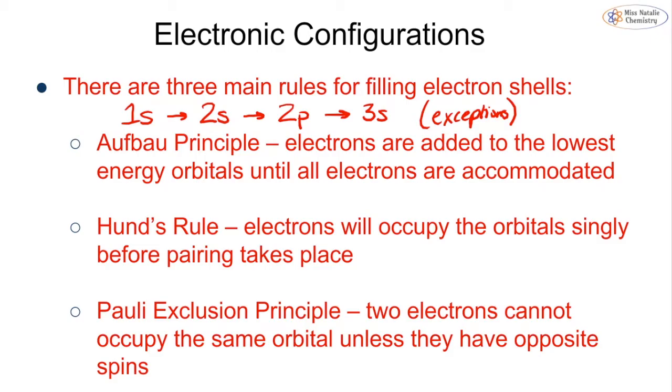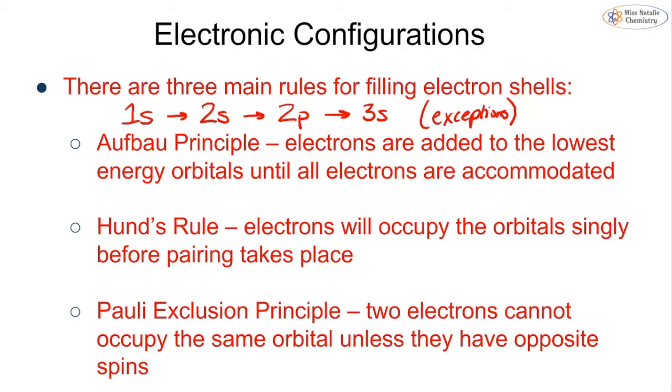For the moment, we just want to keep in mind that we start at the lowest energy level with the lowest orbitals and the lowest subshells, and we work our way up until we run out of electrons. The second rule is known as Hund's rule, which you learned back in GCSE.